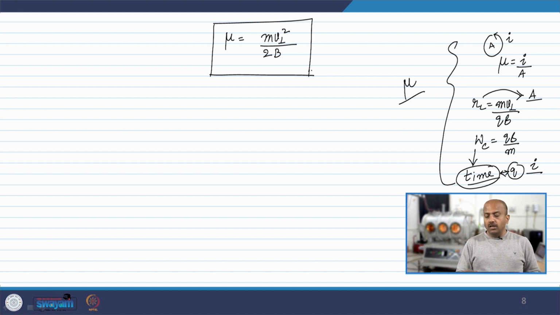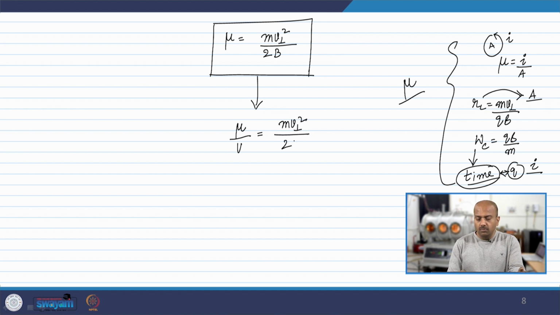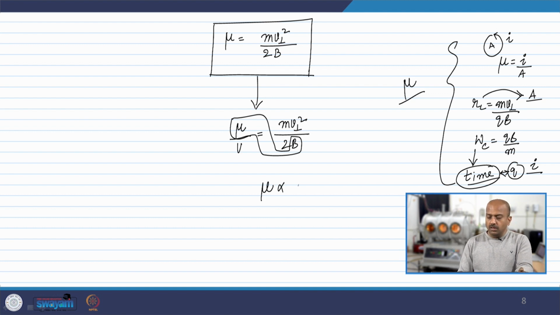But more importantly, one crucial aspect that we have to keep in mind: if the magnetic moment is defined like this, the magnetic moment per unit volume seems to be, let's say, m v perpendicular squared by 2B, whatever, but in essence, we have to grab this proportionality, which is that the magnetic moment is proportional to 1 by B. Right.